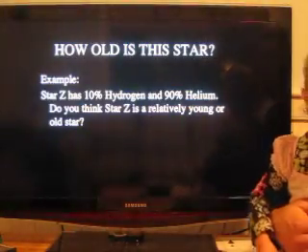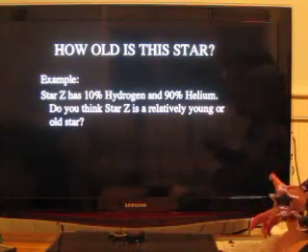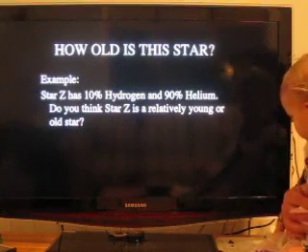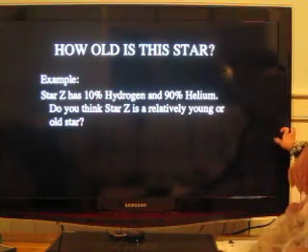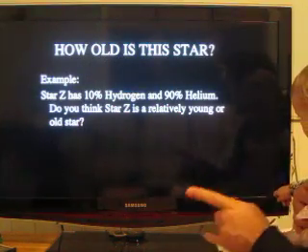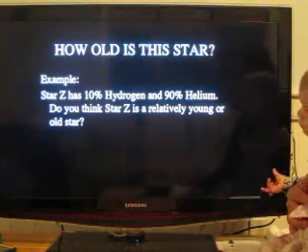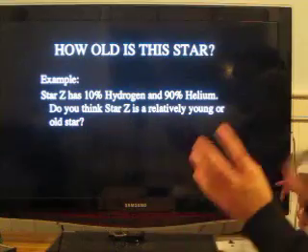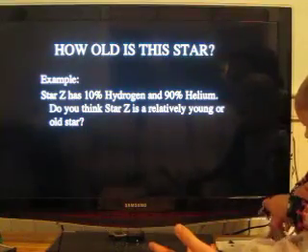Okay, so let me just give you an example of a question that you might see dealing with fusion. Thinking about nuclear fusion that I just explained, if you have a hypothetical star called star Z, and it has 10% hydrogen and is made of 90% helium, how old do you think that star is?